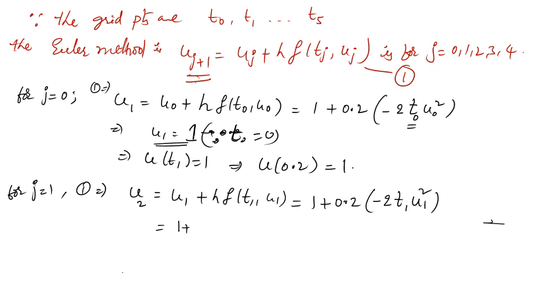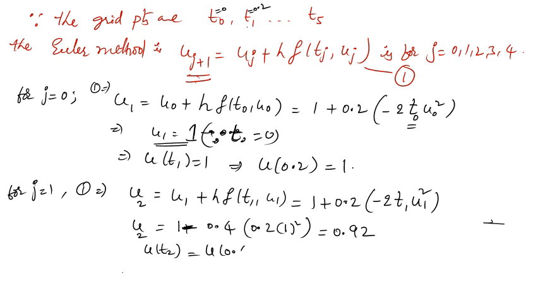What is the t1 value? t0 is 0, t1 is 0.2, and u1 square means 1 square. So finally the u2 value is 0.92. What is meant by u2? u2 means u of t2, that is u of 0.4 is 0.92.